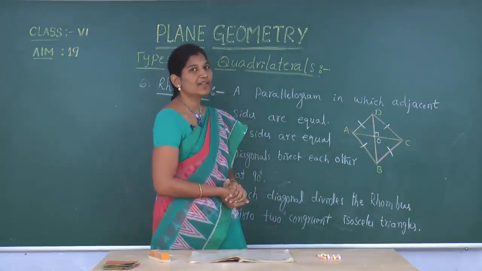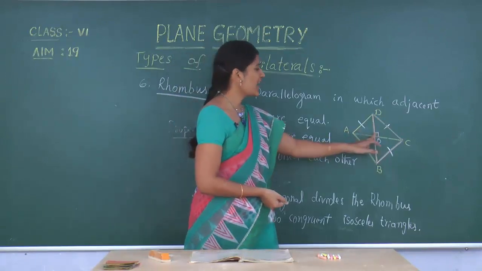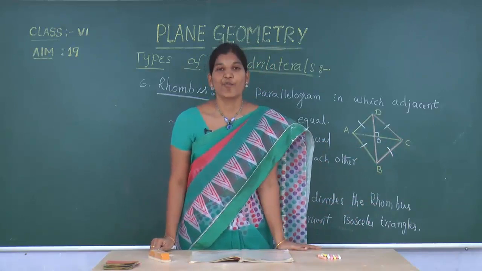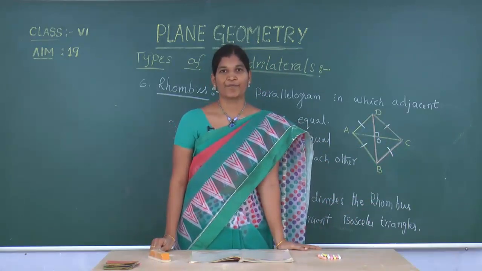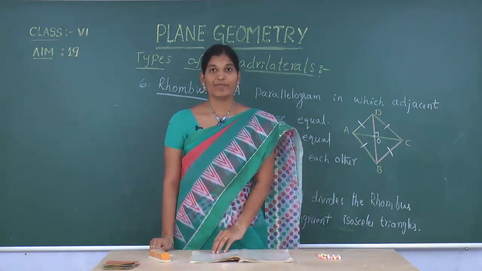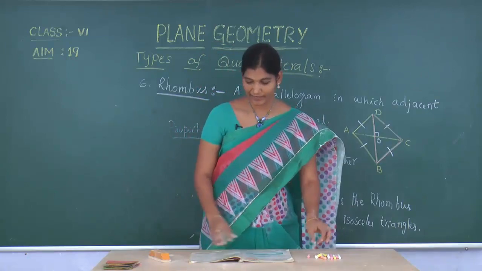One more property we can add is that the sum of opposite angles is supplementary. Supplementary means it gives 180 degrees. And these are the properties of rhombus. And let me go with the last type, that is square.